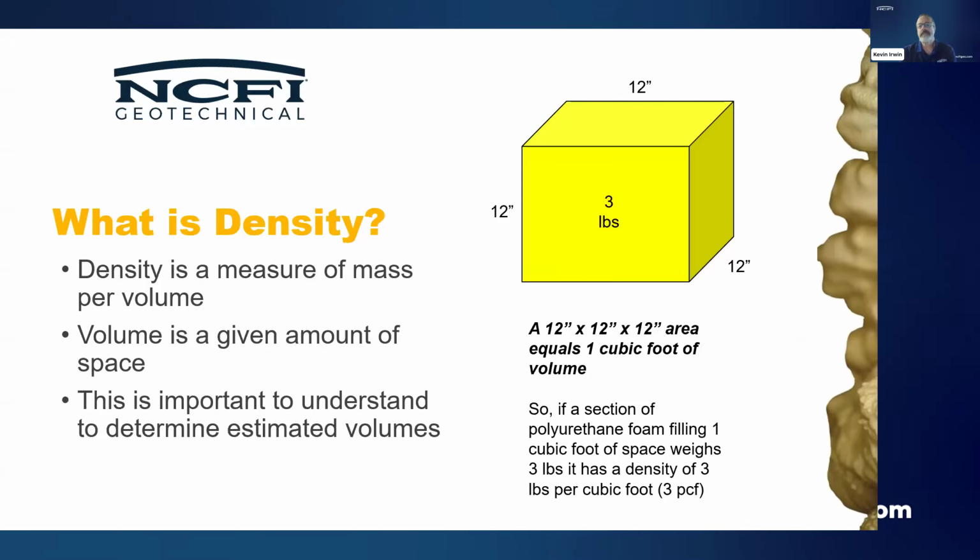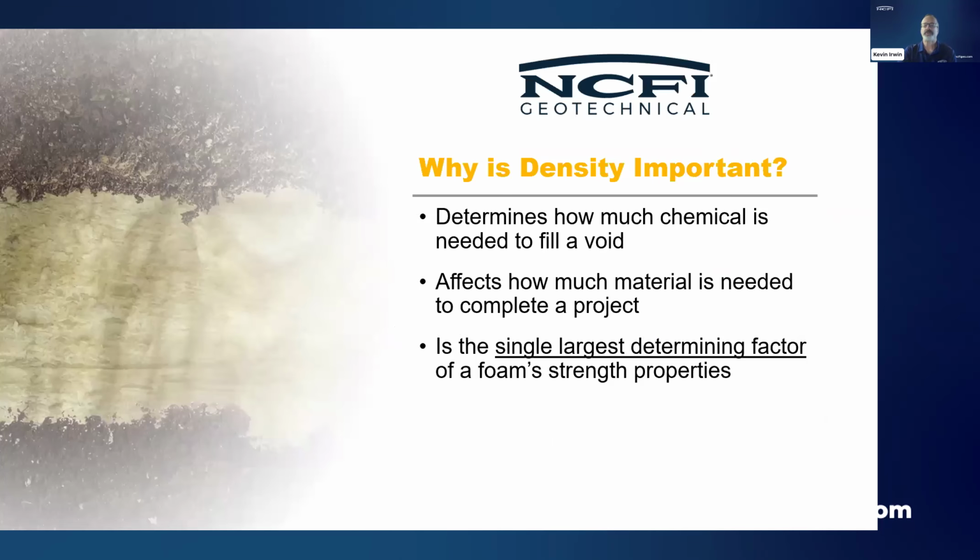You put it on a scale, and it would weigh 3 pounds. If you have a 4-pound system, free rise density, sprayed in perfect conditions, that would weigh 4 pounds. 2-pound system, the same. So density is going to be our weight per cubic foot.